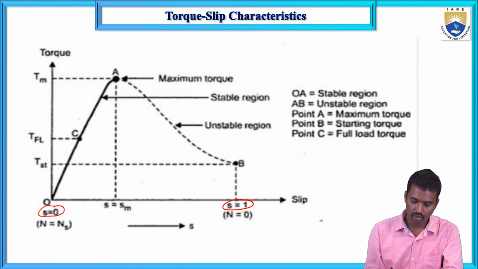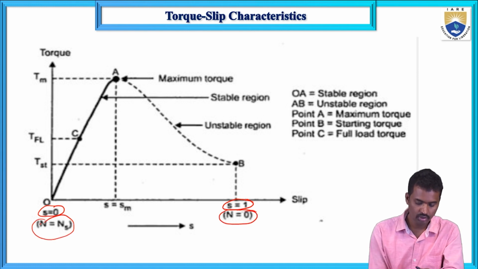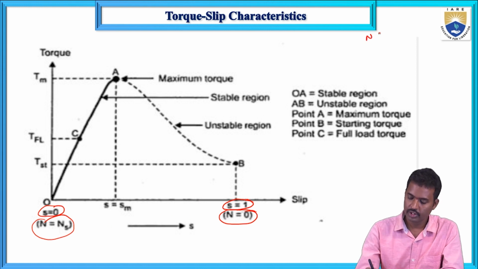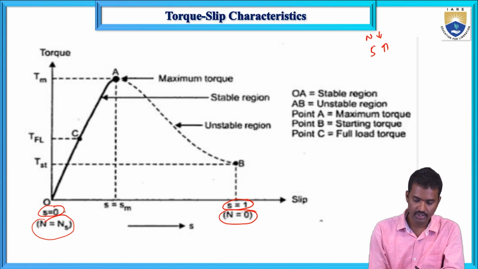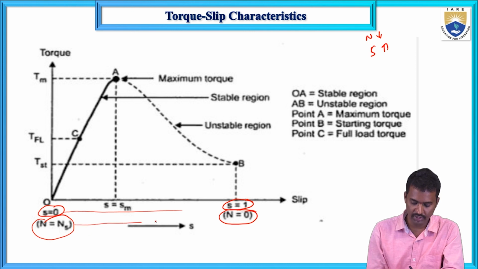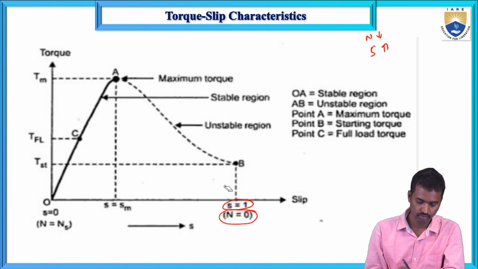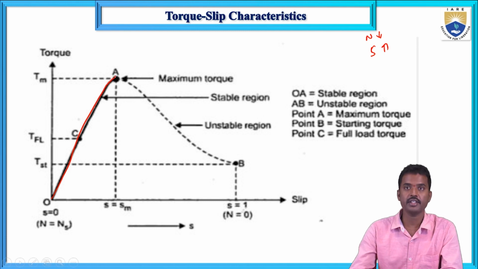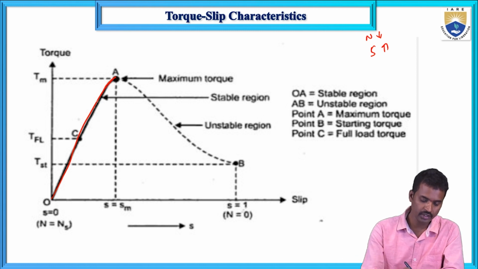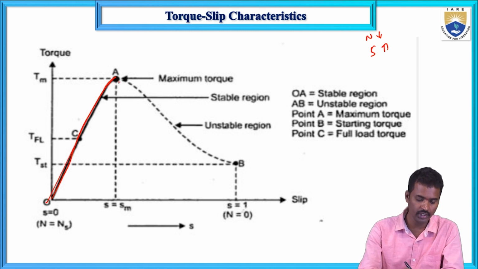When the motor is loaded from no load to full load, speed is decreasing and slip value is increasing. In this case, the torque slip characteristic is a straight line passing through the origin, and this is the stable region, OA region.